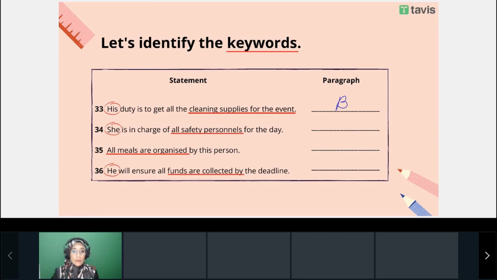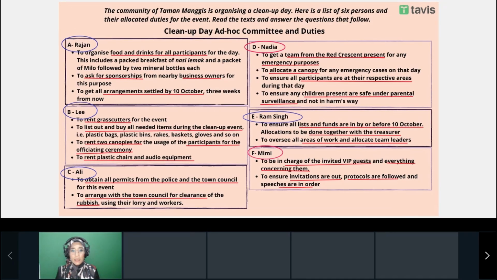Okay, paragraph D. Now 35, all meals are organized by this person. So the keyword here is meals. So it's about food. Makan makan. So makan makan or food. Who? Remember, we highlighted and you can see it straight away. Your eyes will be looking at the word nasi lemak because it's still morning.